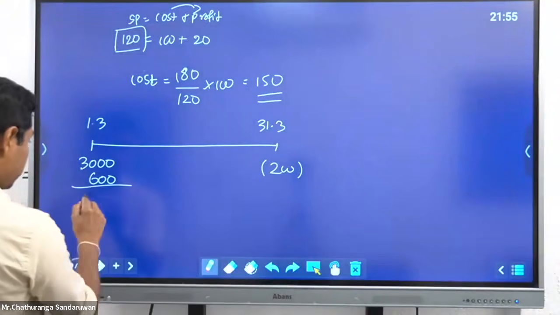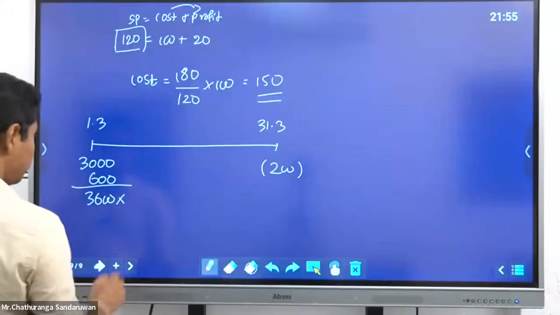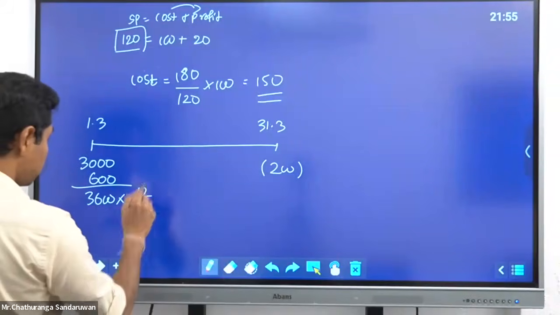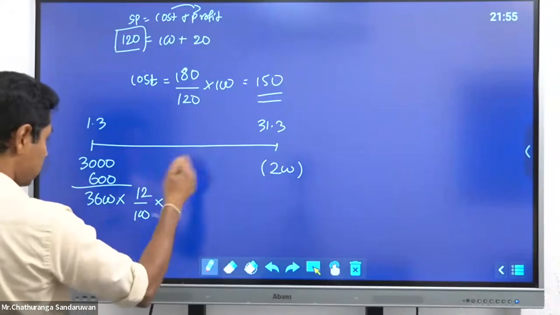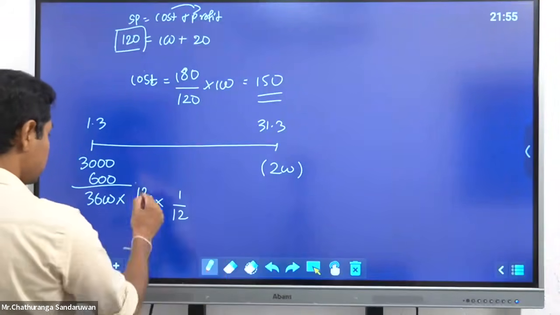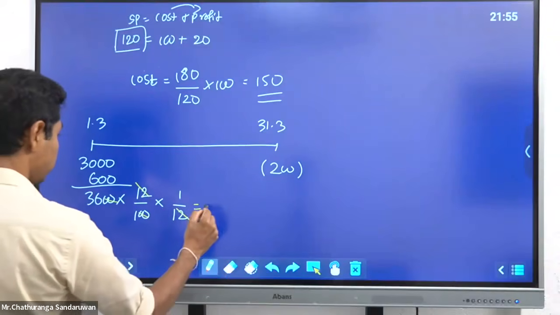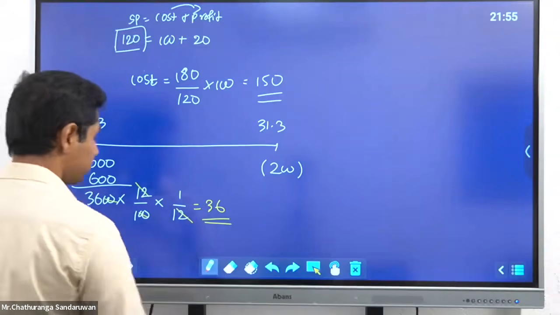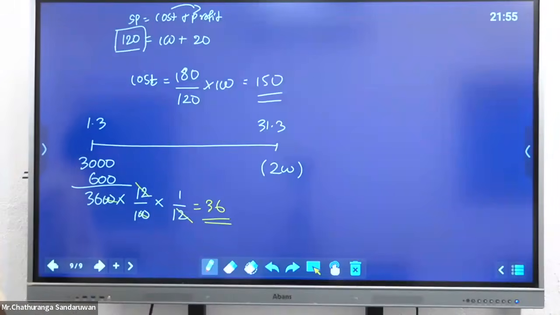Therefore, we can depreciate 3,600. Annual depreciation rate is 12%. But we are recording this transaction for a month of March. Therefore, 12 upon 12, so the depreciation is 36. The monthly depreciation is 36. Okay, 36.